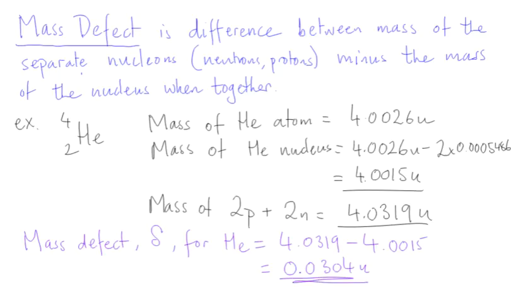So that is then equivalent to a certain energy, and that energy is the energy either we need to pull apart the helium nucleus, or the energy we get if we were to form the helium nucleus from 2 protons and 2 neutrons separately.